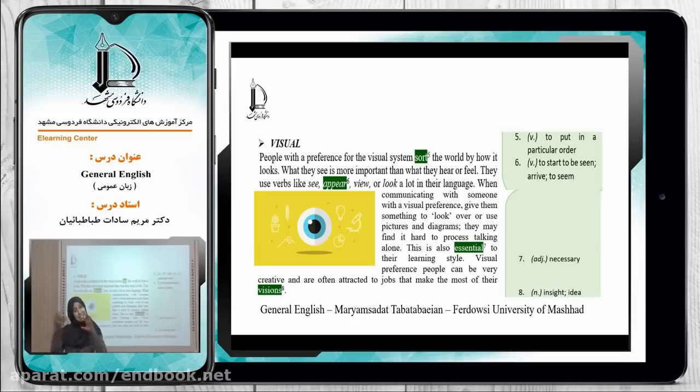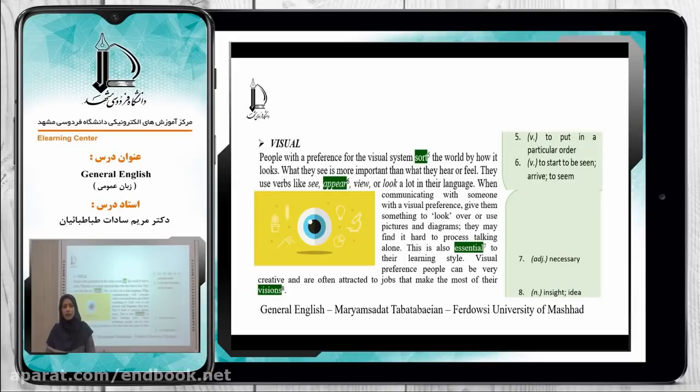So, if they see things, they will learn it better, they will understand it better. They may find it hard to process talking alone. If you only talk to them, they cannot easily understand you. They need something to look at, and then they will understand. This is also essential to their learning style.